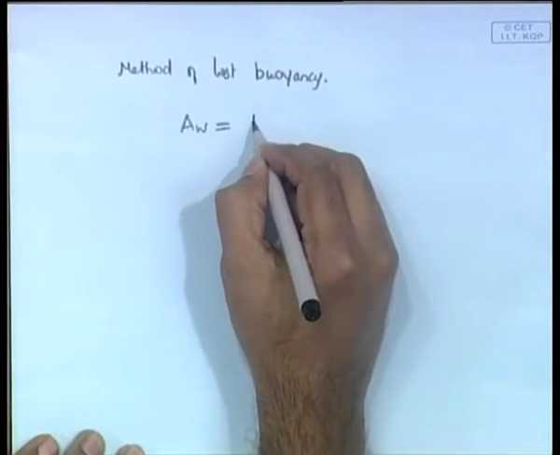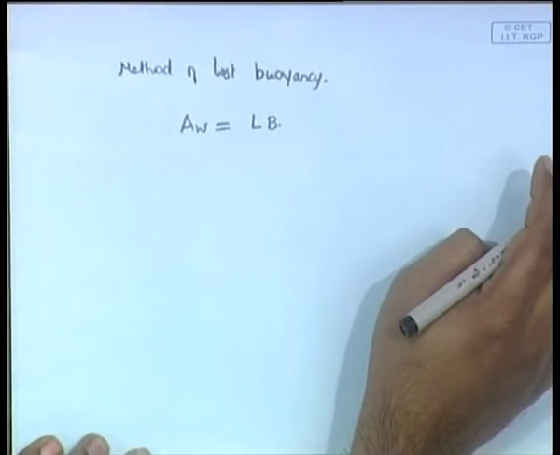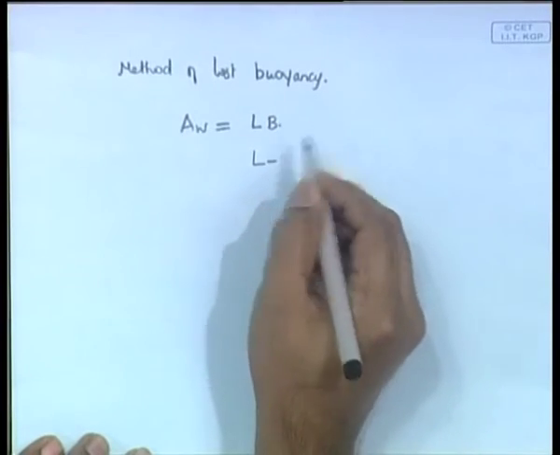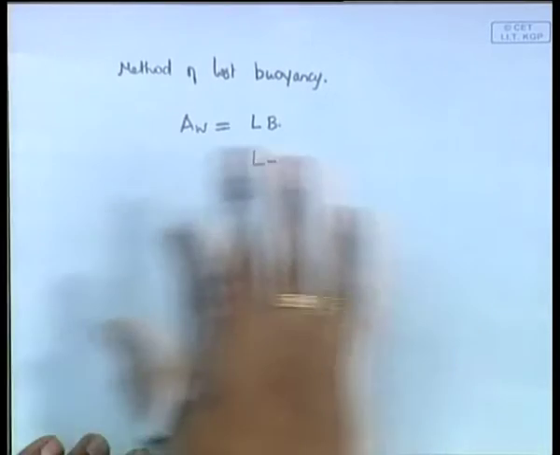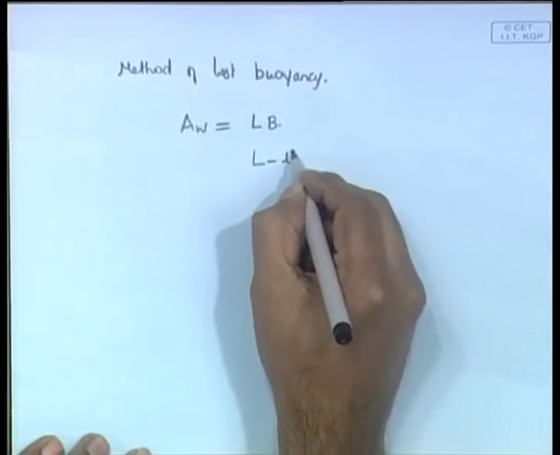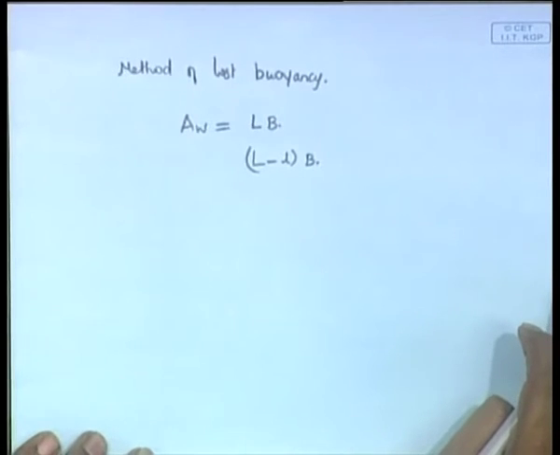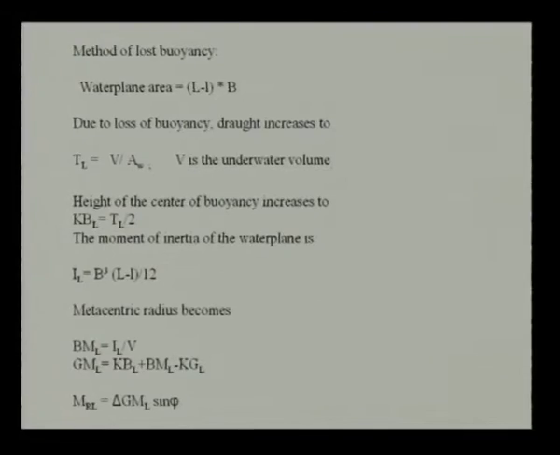Total is L into B, and the water plane area of the lost or the flooded region is small l into B, and the water plane area of the remaining section is L minus l into B. So, this is the water plane area of the remaining flooded ship.